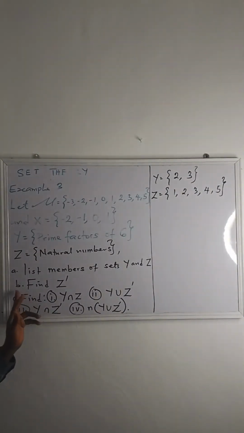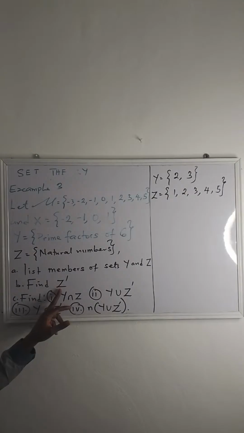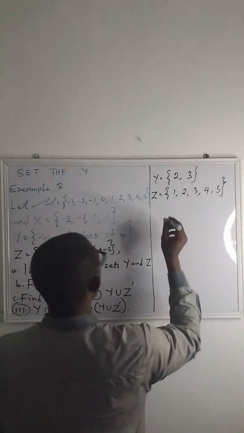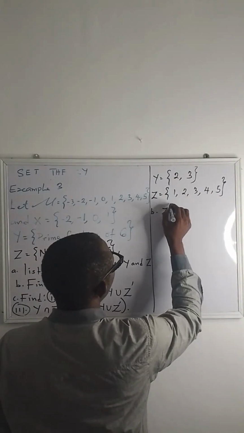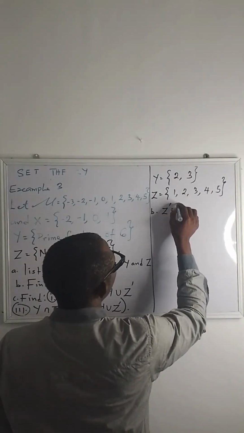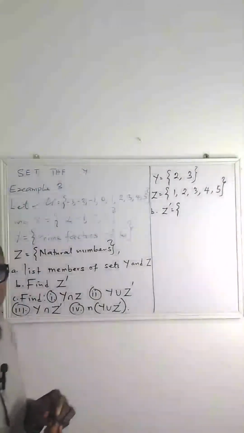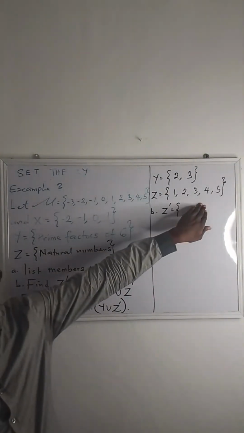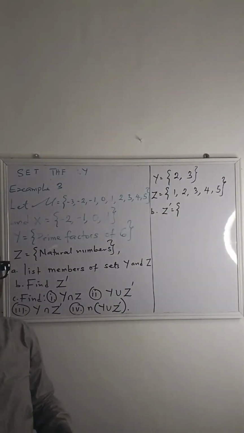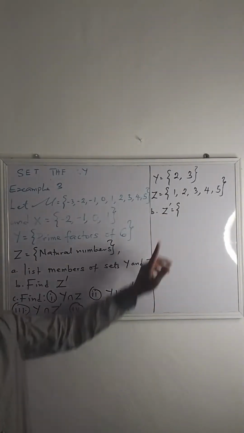Now, the second part of the question, you have to find Z complement. That's the B part of the question. Z complement are those members of the universal set that are not in Z. So you are listing members that are not in Z. That is the meaning of complement.